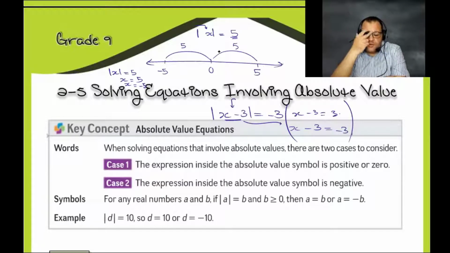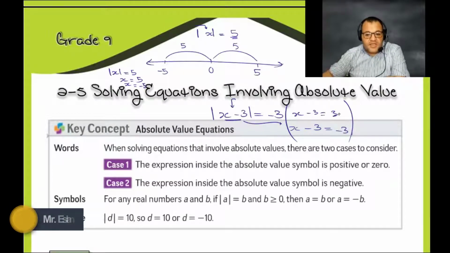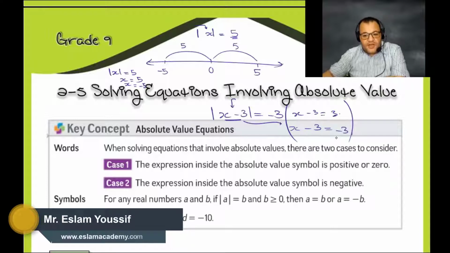Ali, just 1 minute, I will explain this one again. My question is: the absolute value of x minus 3 equals negative 3. Then x minus 3 equals 3 and x minus 3 equals negative 3. Is this one right or wrong?